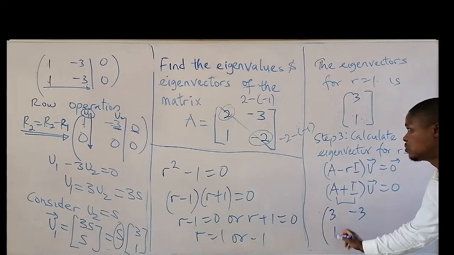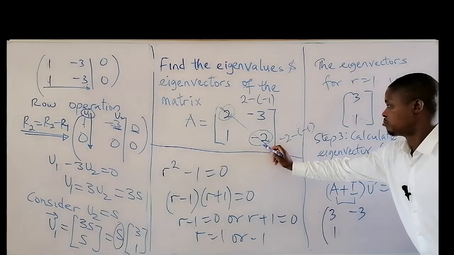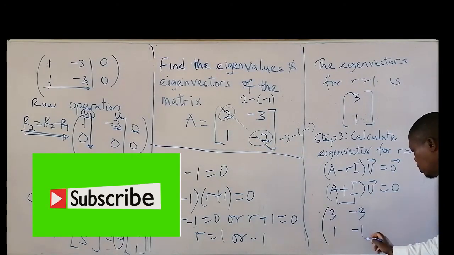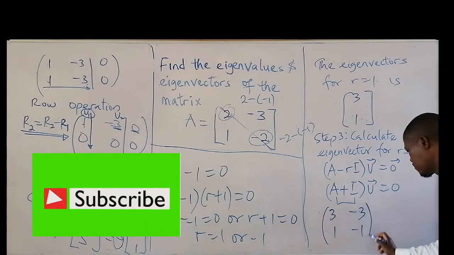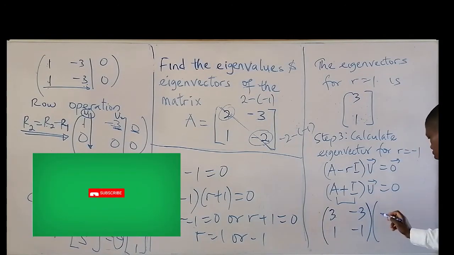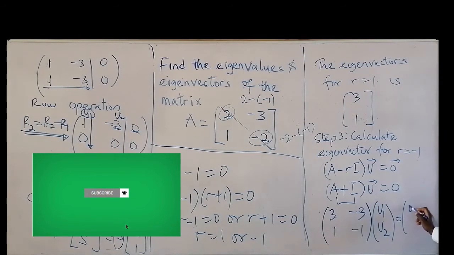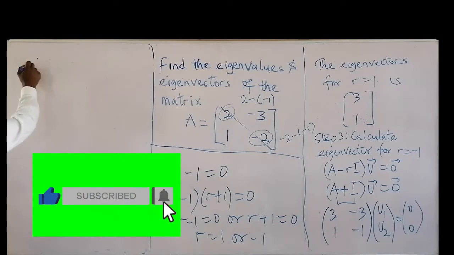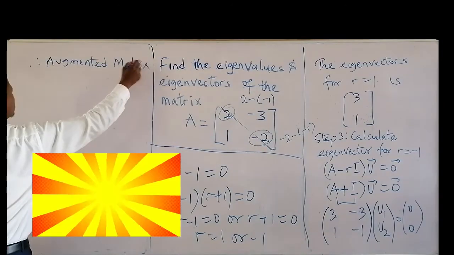Then 1 here also, minus 2 plus 1, that's minus 1. So that's what we have here. Then the component of this one, u1, u2, equal to 0, 0.